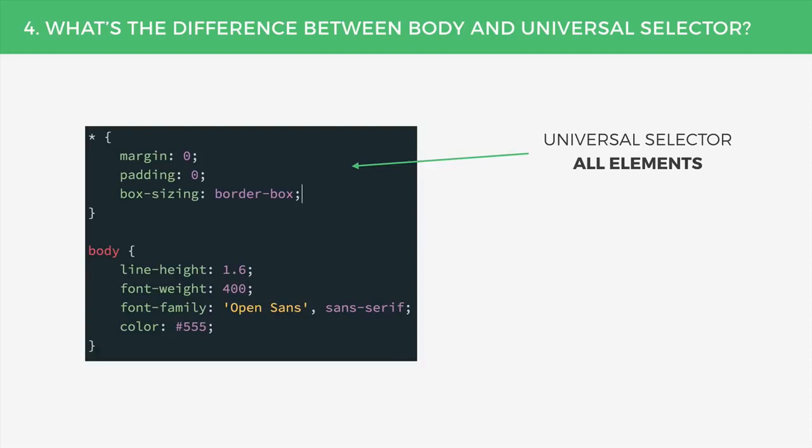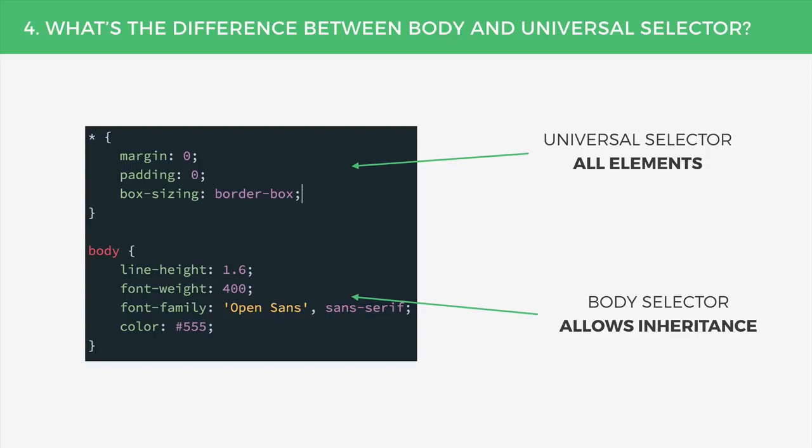So we put styles on the body selector because it is the parent element of all the other elements on our page, right? And by putting these styles here, some of them will get inherited to the child elements through a CSS mechanism called inheritance. Now, not all of the CSS properties are actually inherited, and the ones that are usually related to font and text.